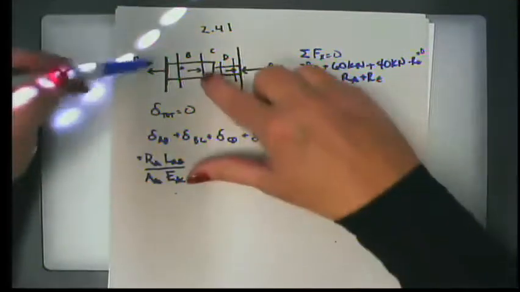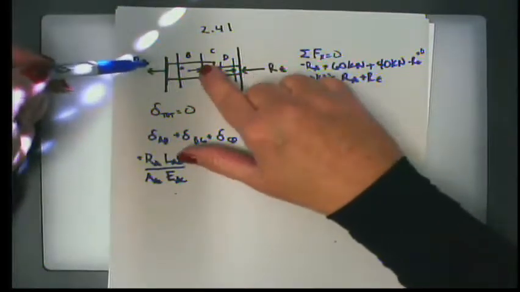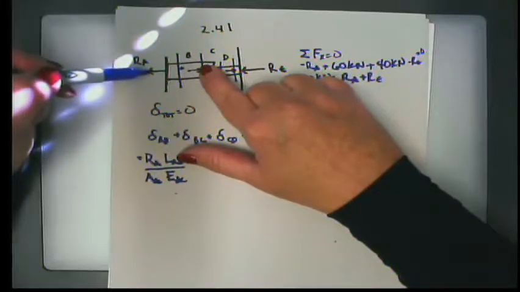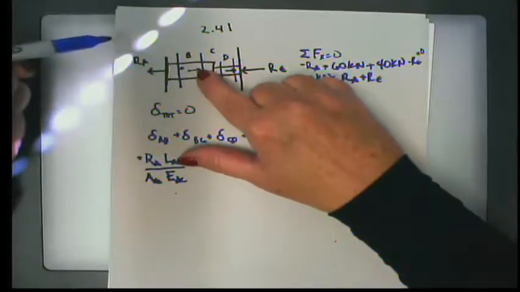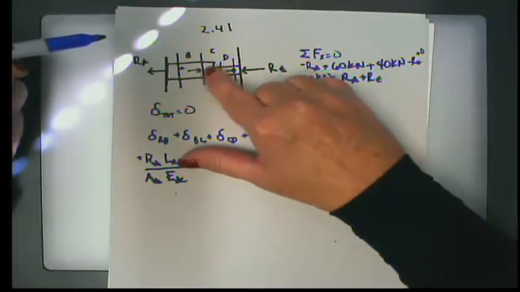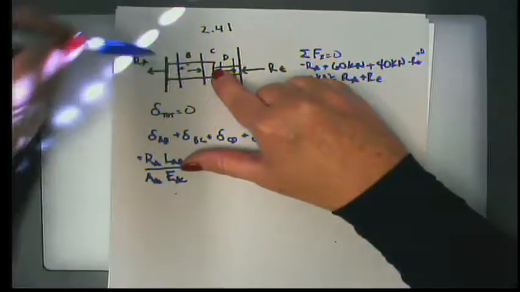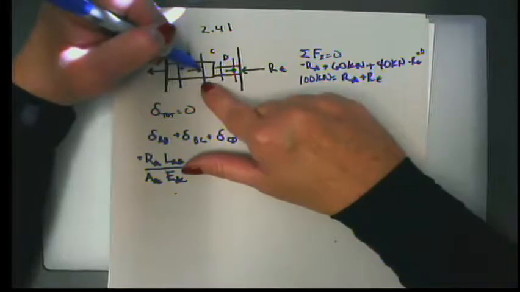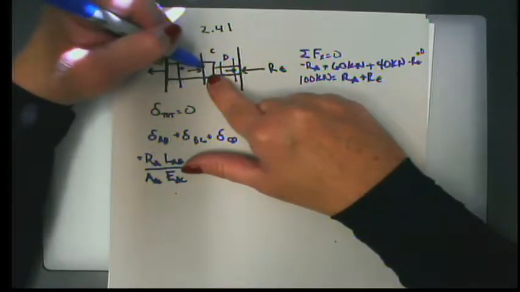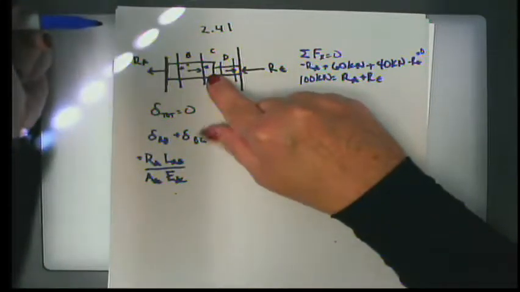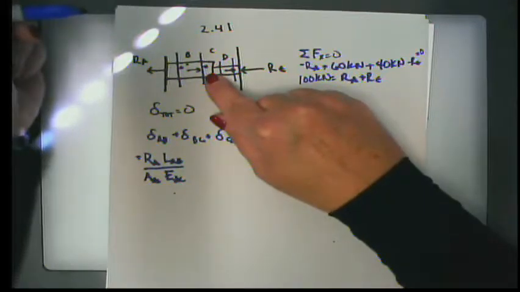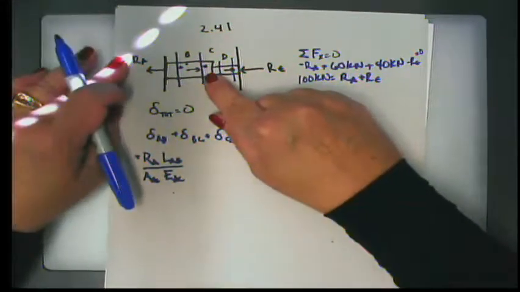There's my first. Now, if I do a cutaway here, I have R sub A negative and this force at B positive. So for this second section from B to C, I don't really know if my reaction is positive or negative, but I'm going to call it positive, just because I want to.